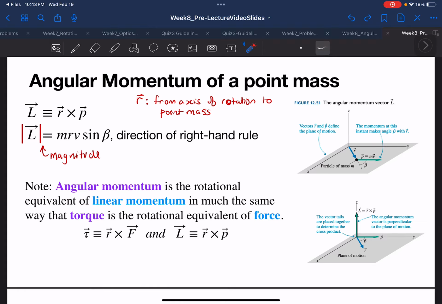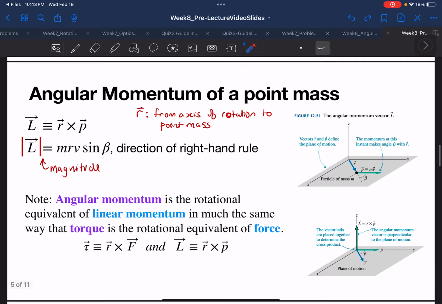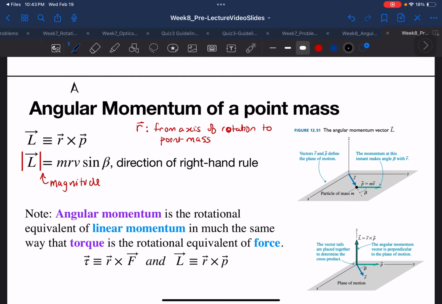Now, just a reminder from a few slides ago, for A cross B, the magnitude was AB sine beta, where beta is the angle between A and B. Well, the magnitude of r cross p is the magnitude of r times the magnitude of p times sine of beta, which is m times v times sine of beta.